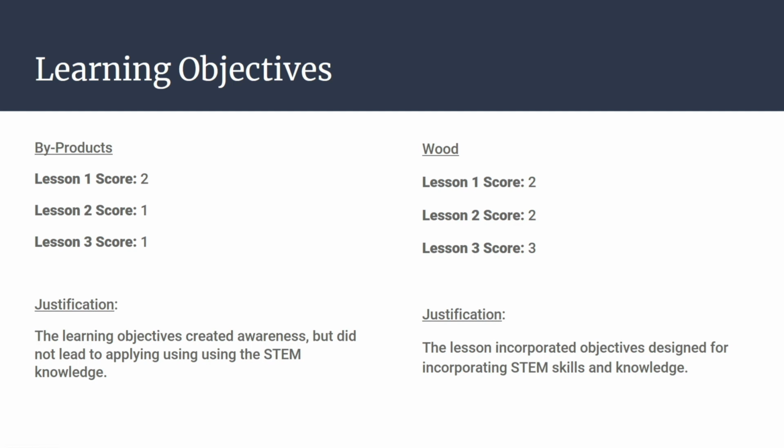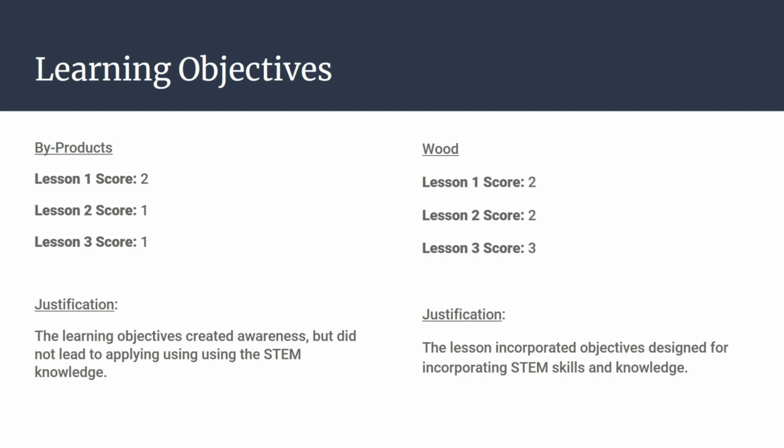In this case, it was agriculture, and it created an awareness, but it really didn't go into talking about the STEM connections. For the wood lesson, you'll see that lesson 1 and lesson 2 are scored at level 2, because there's a combination of both science and mathematics being taught and how they relate to each other. So the objectives were actually designed to teach STEM skills and knowledge.